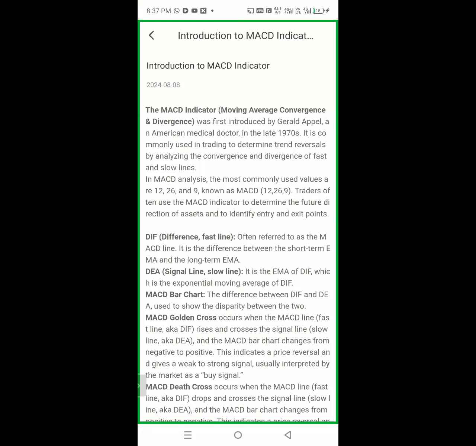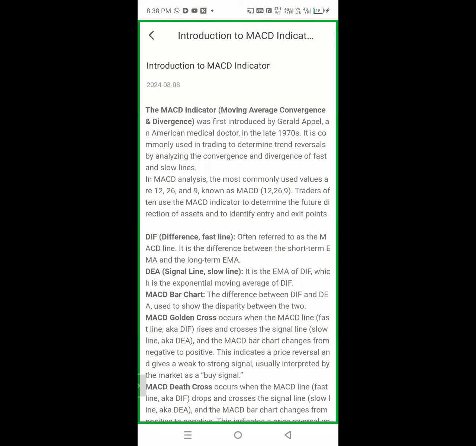MACD is preferable because once the golden cross or the death cross happens, it's 98% sure that it will go in the direction. So it's used to determine the future direction of assets.